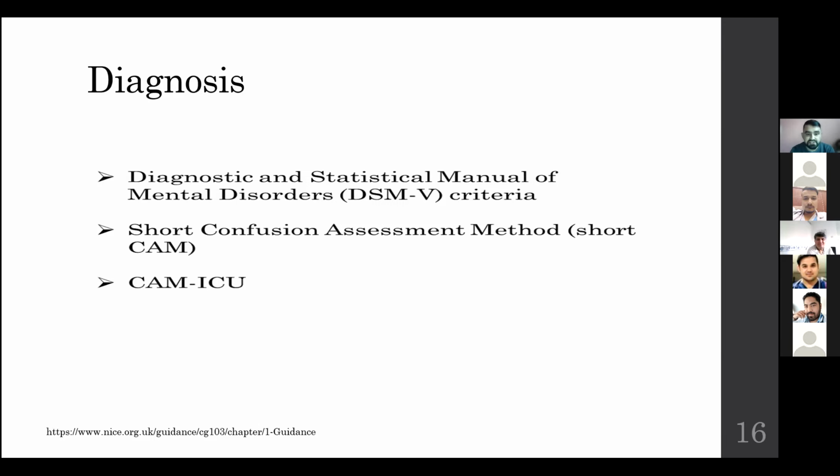I already presented about the DSM-5 criteria. And there is also the short confusion assessment method, short CAM. This is useful for A&E in the emergency department, and CAM-ICU, confusion assessment method for ICU, is used for whoever is admitted in ICU.